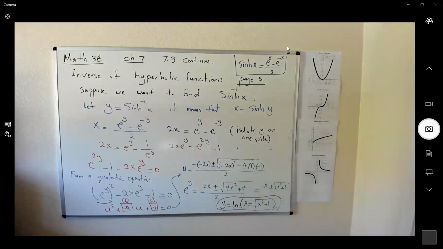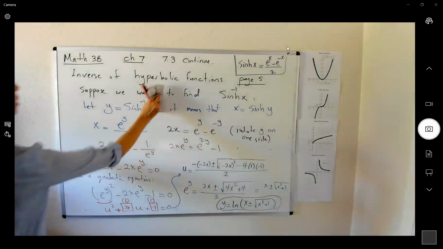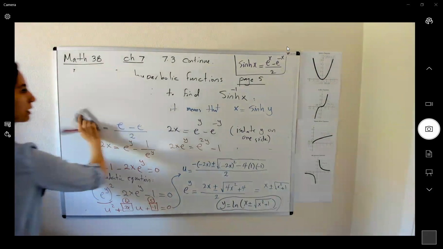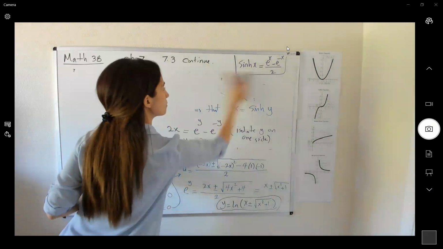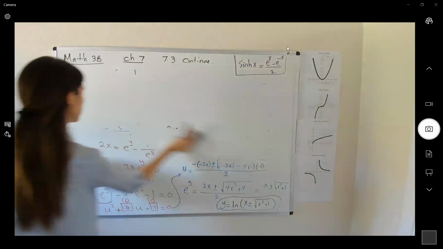So we have more formulas. We can verify all of them using this method. Let me write some of them here for you.